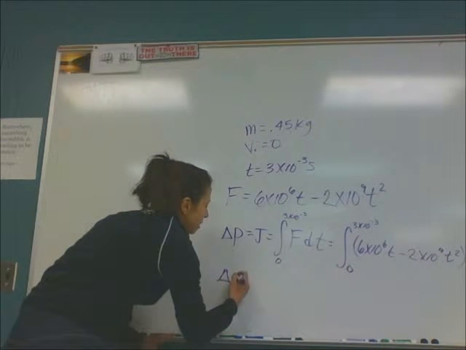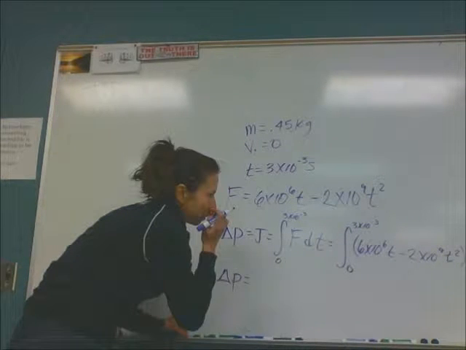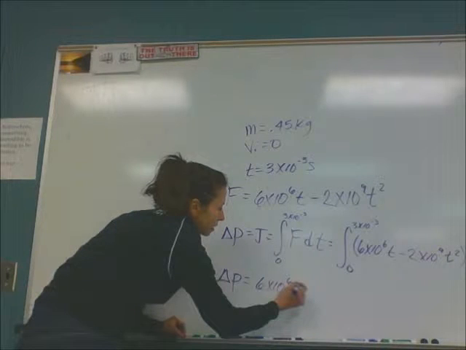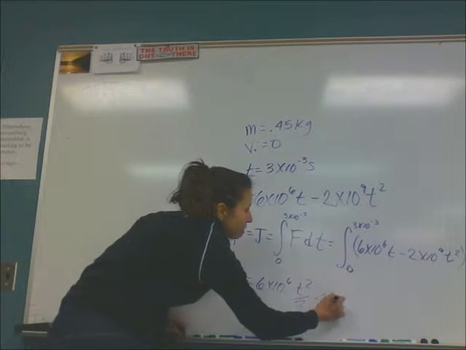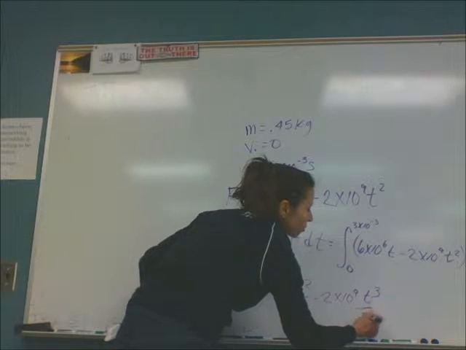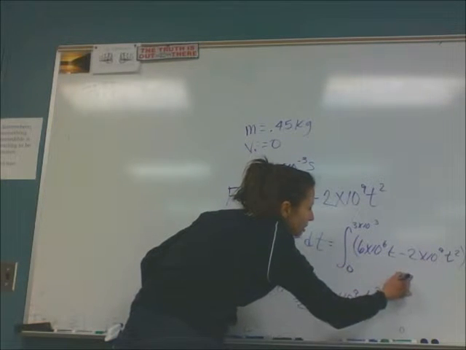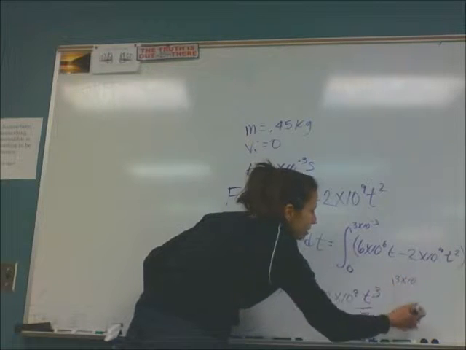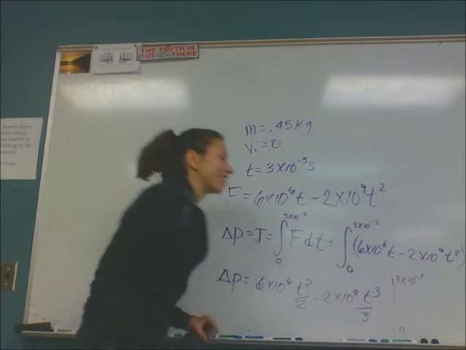And then you just have to plug in properly your upper bound and your lower bound and subtract. And what you get for that is 9. So the answer to 37A is 9, and the units are kilogram meters per second.